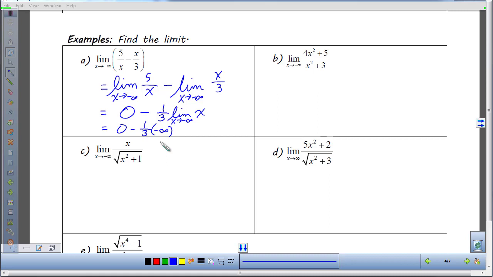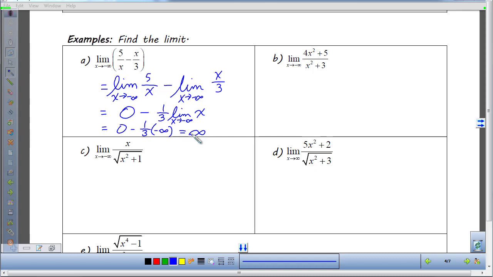Even though the 1/3's there, since we're going towards negative infinity, this thing is going to keep decreasing, except for the fact that we had a minus 1/3 times negative infinity, so the whole thing comes out to be positive infinity. Okay, so in this case, if we wanted to talk about a horizontal asymptote for this particular function, at what it's doing as we go towards negative infinity, there is no horizontal asymptote.